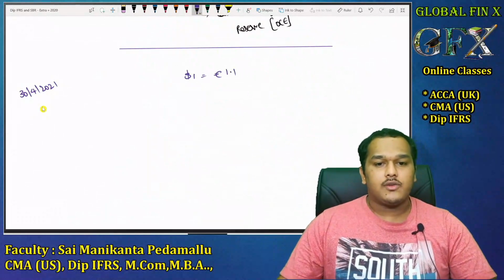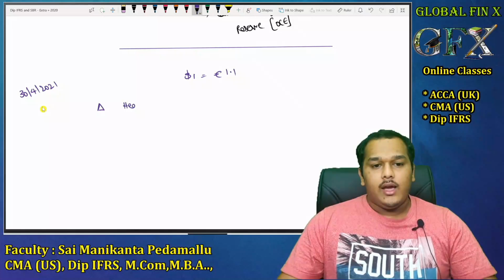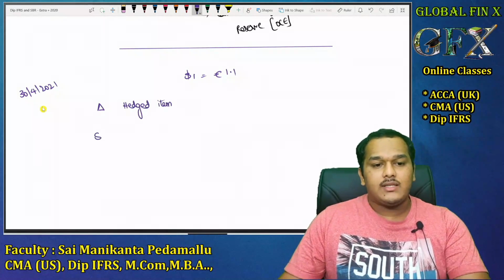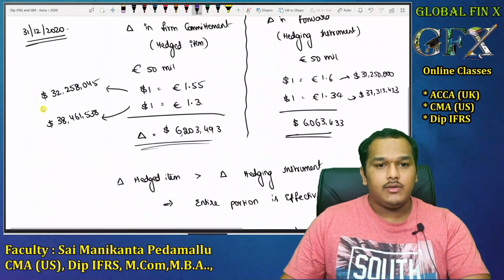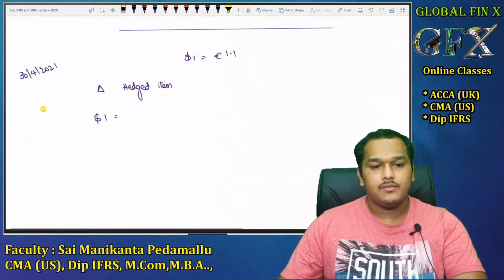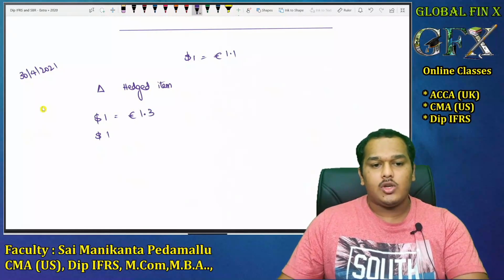So first of all, delta in hedged item. Previously, what was the rate that we evaluated? We valued it at euro 1.3, and today it is $1 equal to euro 1.1.